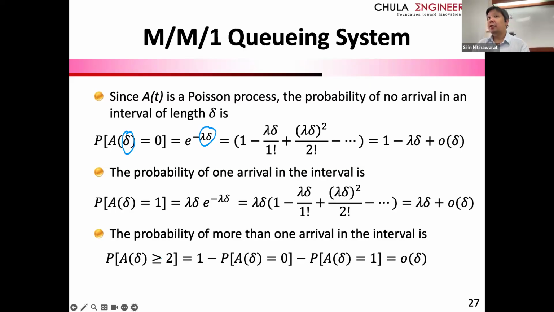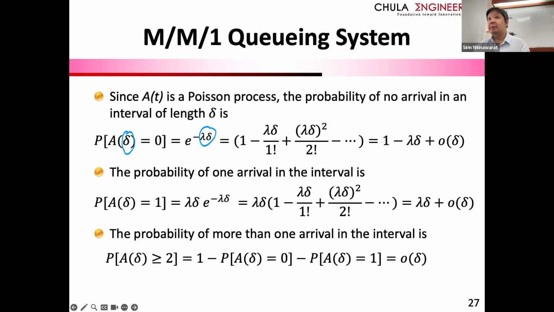So what do you recall of this exponential function? You can use the Taylor series expansion into the following series. And what can you observe? For an infinitesimally small interval delta, as delta is shrinking, which of these terms are more significant?